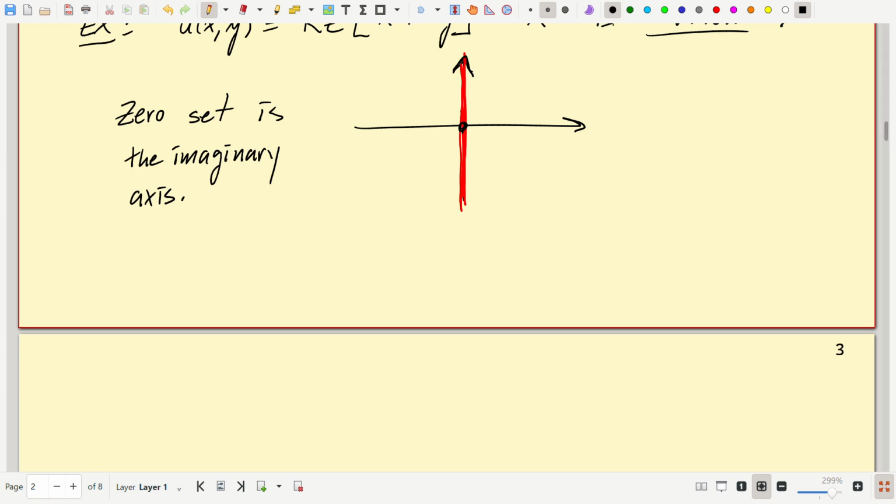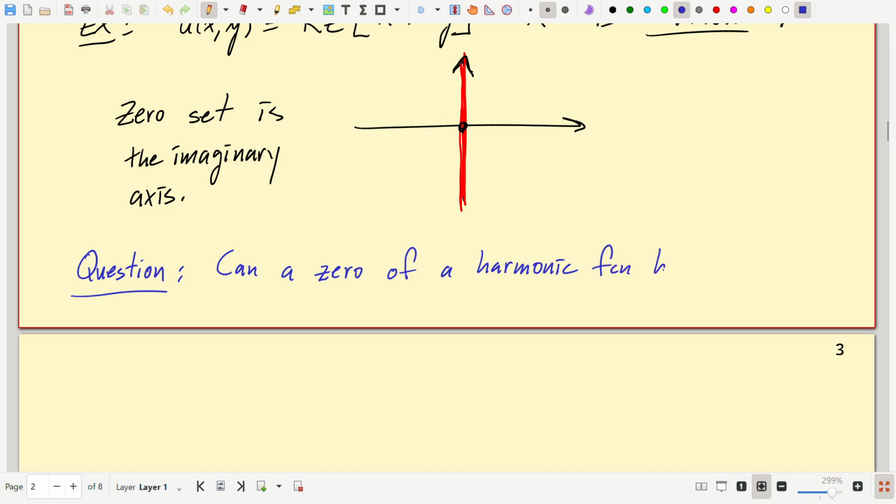Here's another question. Now that we've seen this zero set looks like a curve, another question might be, can a zero of a harmonic function be isolated? All by itself.